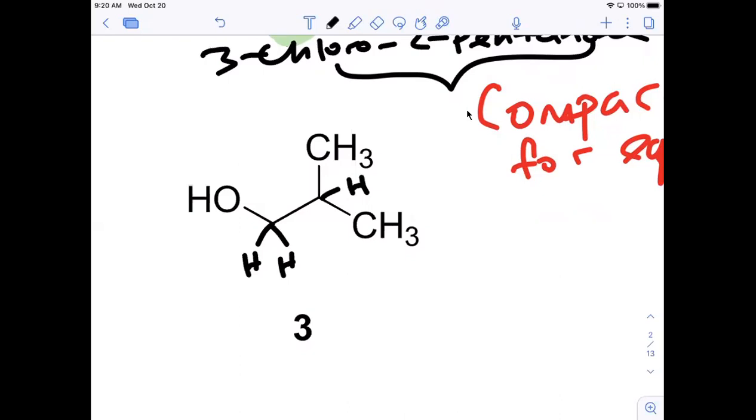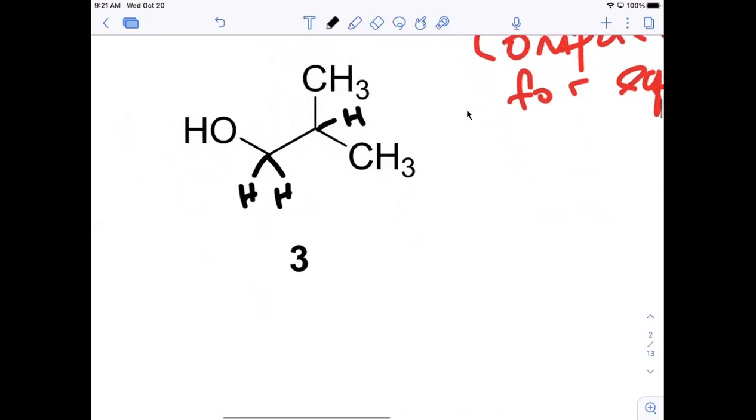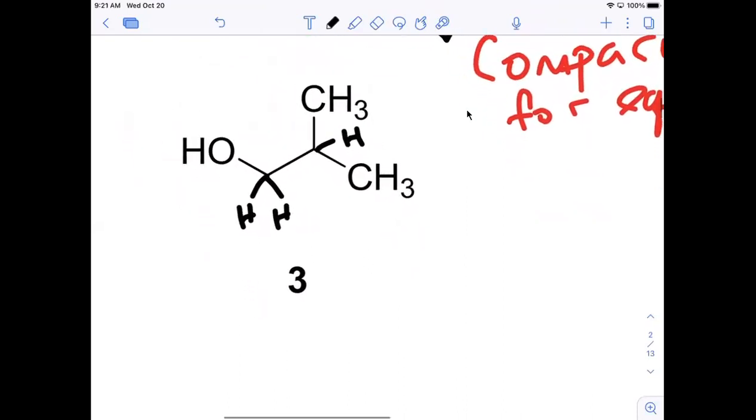Yes. Because they're sharing the same carbon, right? They are. And so when you have a situation like that, that isopropyl type motif, normally these are going to be homotopic. But if you want to test it, you can test it. All right, let's go ahead and do that too, because I like doing that.